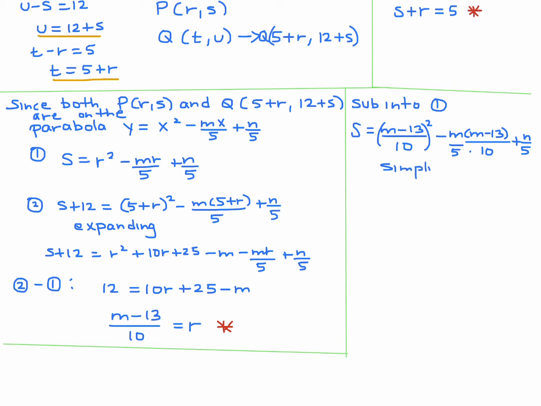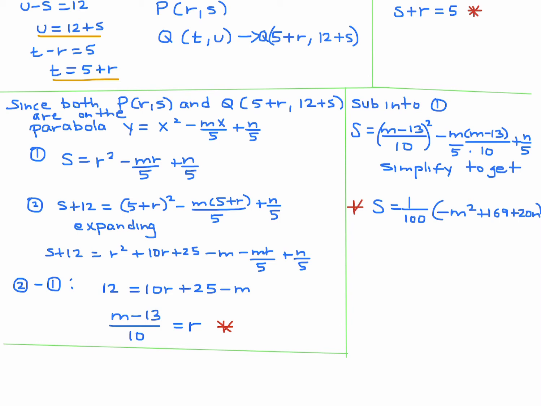Once you simplify this big, long thing, you get the following. You get S is equal to 1 over 100 times (minus m squared plus 169 plus 20n).